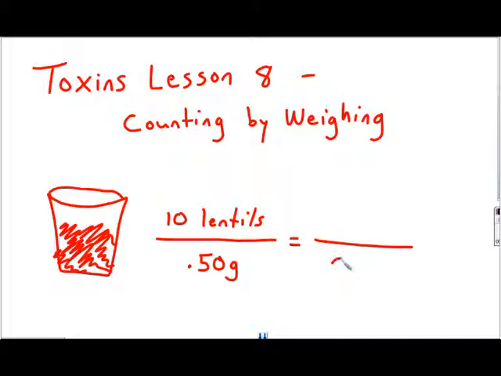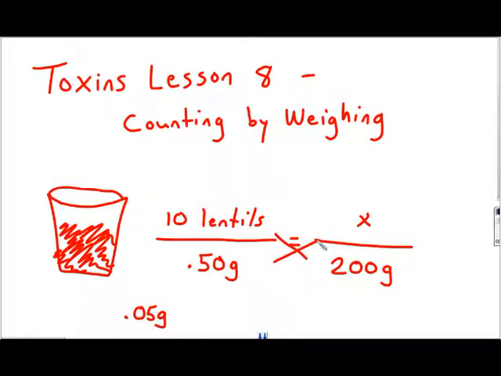And if all the lentils together weigh 200 grams, we can then set up a proportion to solve for how many lentils are in that 200 gram sample. Because what we're doing here, 10 lentils weigh 0.5 grams. And so 10 divided by 0.5, that's telling us that each lentil weighs 0.05 grams.